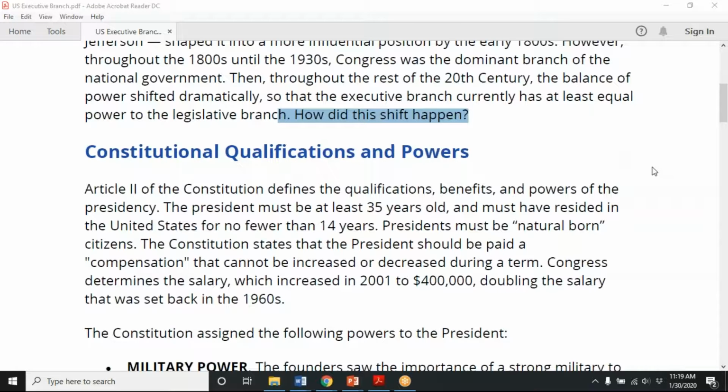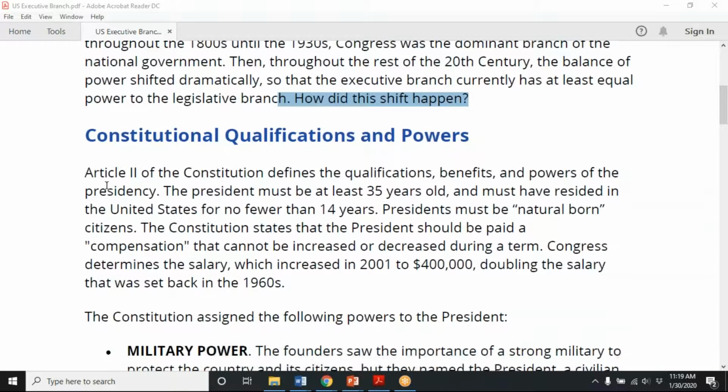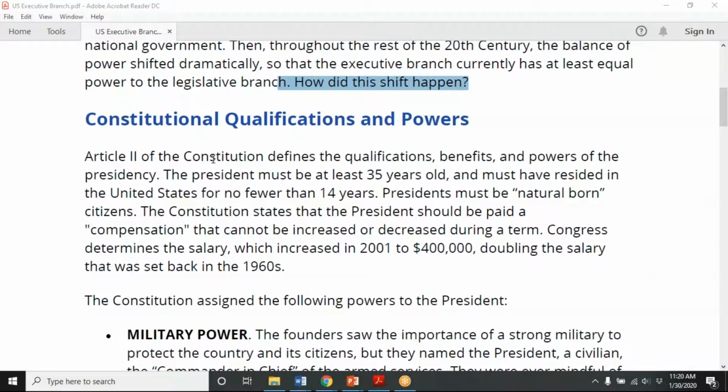Article 2 of the Constitution defines the qualifications, benefits, and powers of the presidency. The president must be at least 35 years old and must have resided in the United States for no fewer than 14 years.